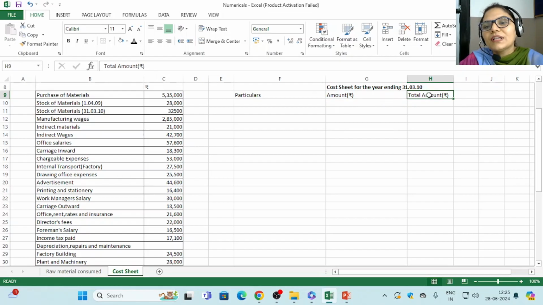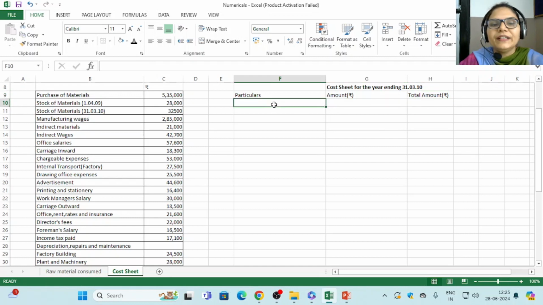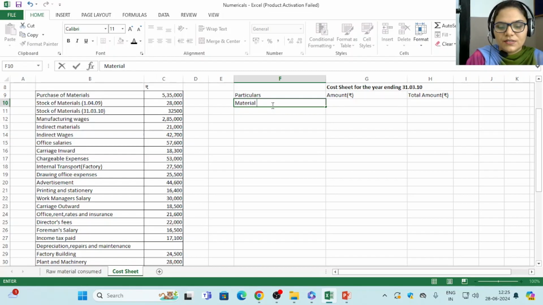We have written the total amount column here because it will give more clarity to the readers about which amount has been shown under which heading, and it will be easier for the reader to understand the cost sheet. First of all, without thinking about anything, we will calculate the value of material consumed.